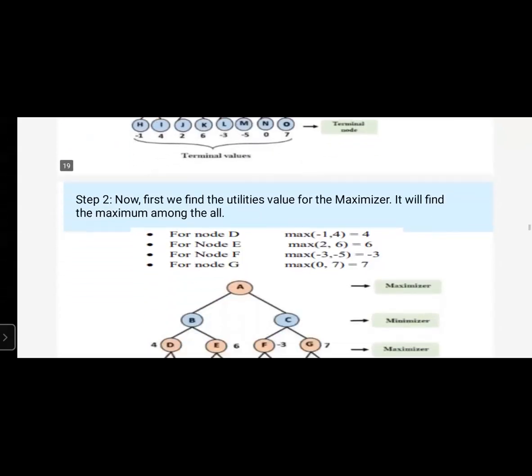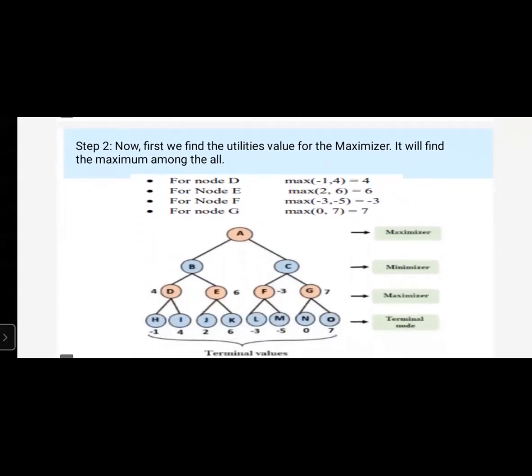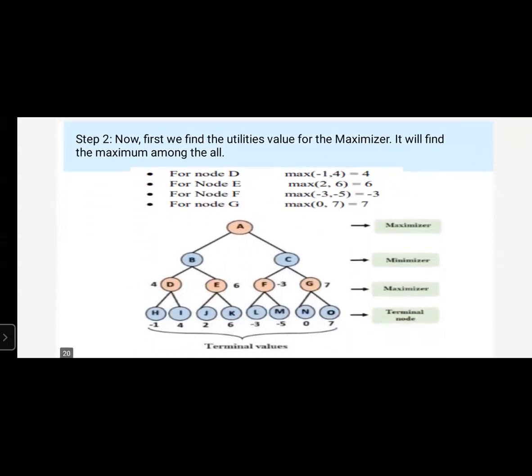Now, first we will find the utility values for the maximizer. We will find the maximum among all. For node D, max of minus 1 comma 4. For node E, max of 2 comma 6.